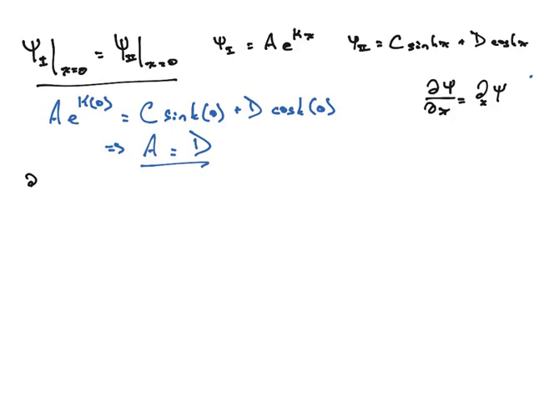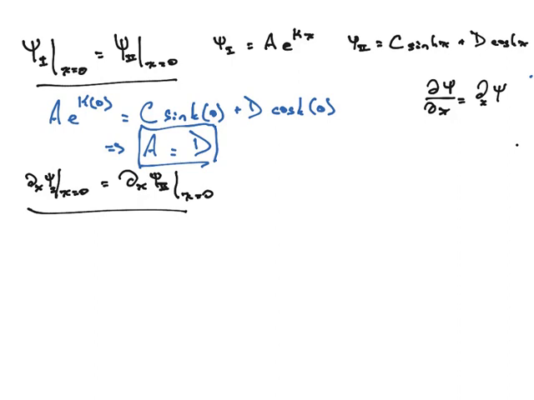It's just shorthand, so you don't have to write it as a fraction every time. So the partial derivative of psi with respect to x is dx psi, like that. So the partial of x of psi at x is equal to 0 for region 1 is the same as the partial of psi 2 at the boundary x is equal to 0. Let me go ahead and box this for now.